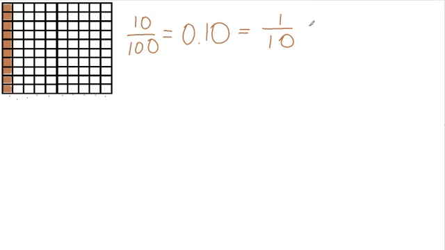And so that's 1/10 as a fraction, and we can write that as a decimal, 0 and 1/10. So I'm going to line this one up underneath this one. So 0 and 1/10 is the same as 0 and 10 hundredths.